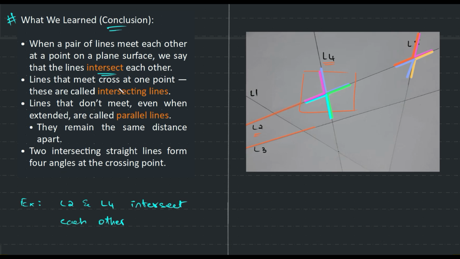Then lines that meet, crosses at one point, they're called intersecting lines. So basically L2 and L4 are intersecting lines. Again, there are many possibilities. That's one of them.